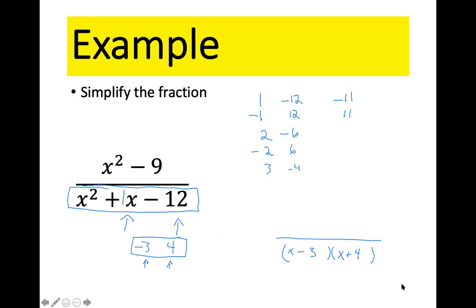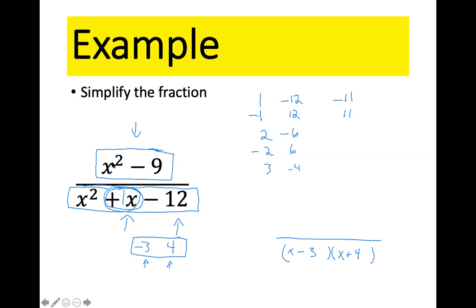Yeah, and then the top. Now, they just throw this right at you. They think that you should remember this, but most students won't. This is one of those special case ones. Notice the first one is a perfect square, x squared, and the second one is a perfect square. What we're missing is that middle term right here.